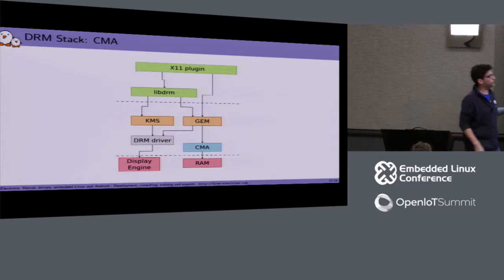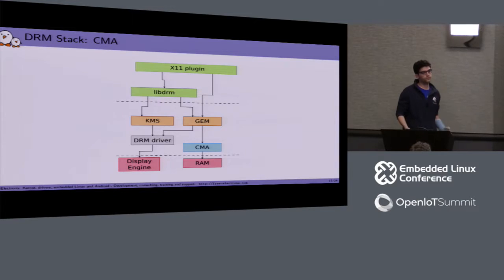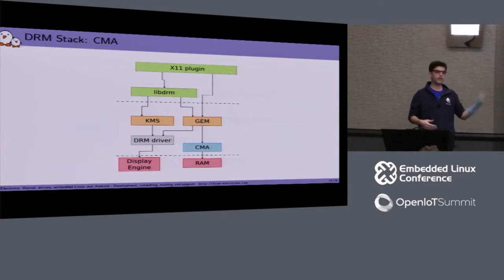So that's why you have this arrow here from X11 to GEM. So for example, in the Allwinner SoC, it's mainly just an interface problem, because we basically just use the same function. We don't have any kind of restrictions on what the GPU can access either. So we basically call the exact same function that the dumb IOCTL calls, but we have to create another one just because of the semantics of the IOCTL.